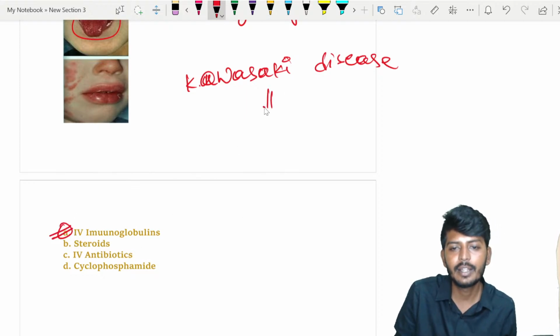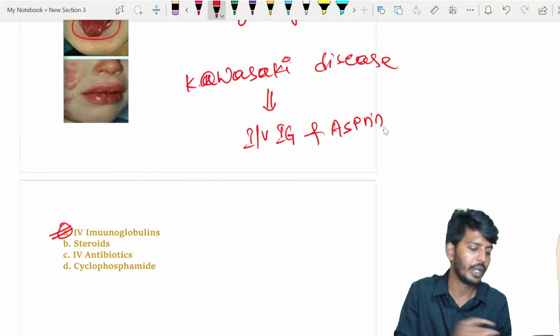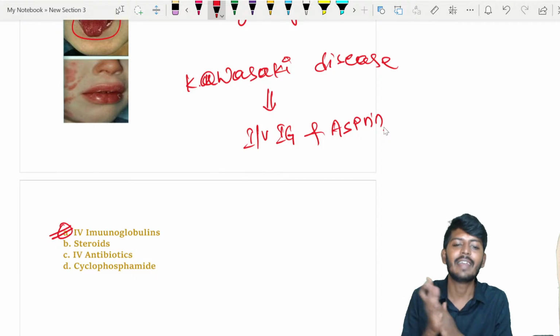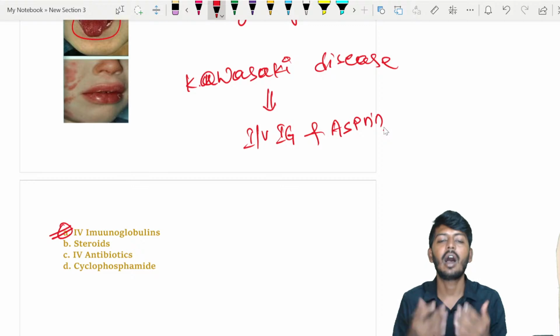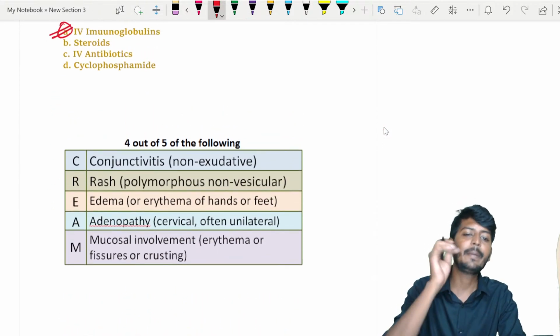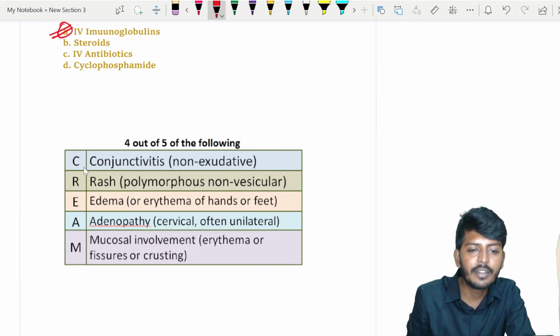For Kawasaki disease, the treatment is IV immunoglobulin, and we are also going to add aspirin. This is very, very important: Kawasaki disease, IV immunoglobulin and aspirin. These are the things you need to remember. So how do we recognize Kawasaki disease? Remember with a mnemonic. C for conjunctivitis.